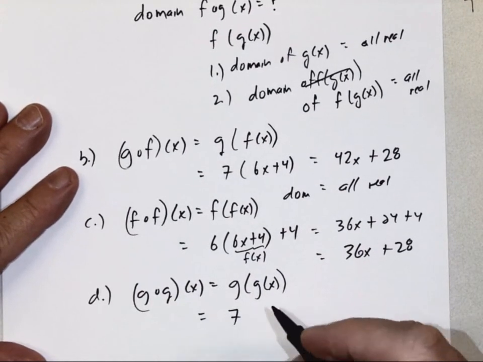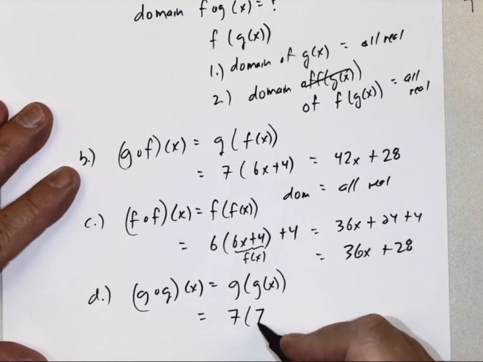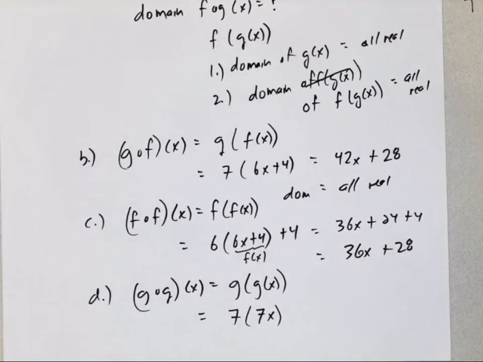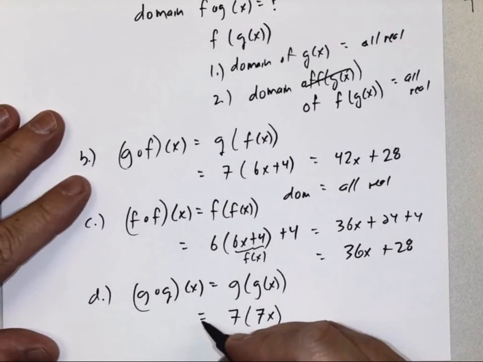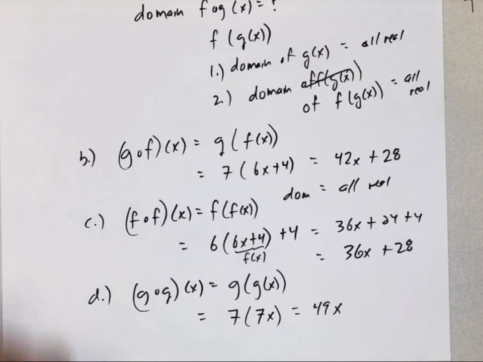So 7 times x, but instead of x, I put in the g function, which is 7x. Looks like g composite g of x is 49x, and once again, the domain is all real.